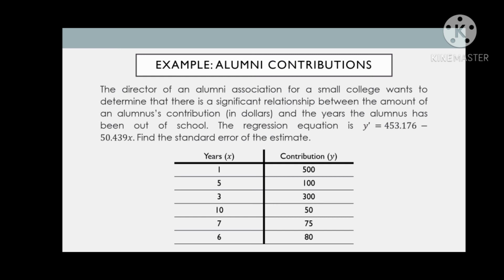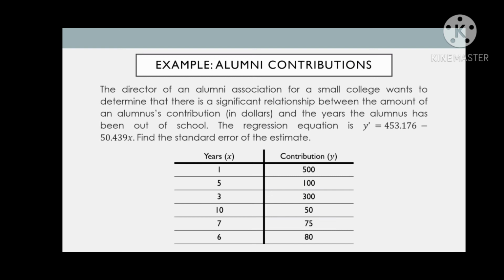Another example, alumni contributions. The director of an alumni association for a small college wants to determine whether there is a significant relationship between the amount of an alumnus's contribution in dollars and the years the alumnus has been out of school. The regression equation is y prime equals 453.176 minus 50.439x.